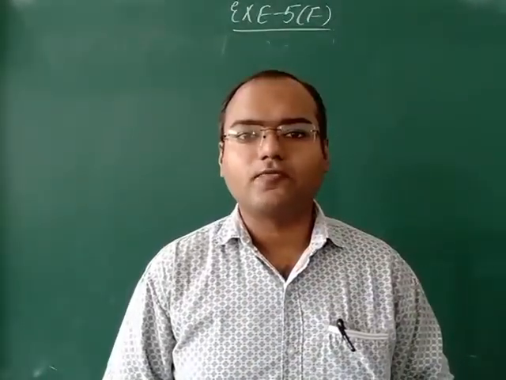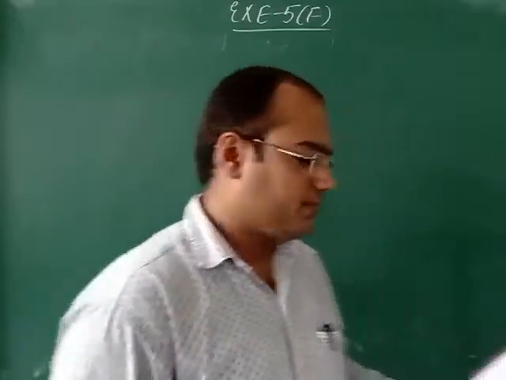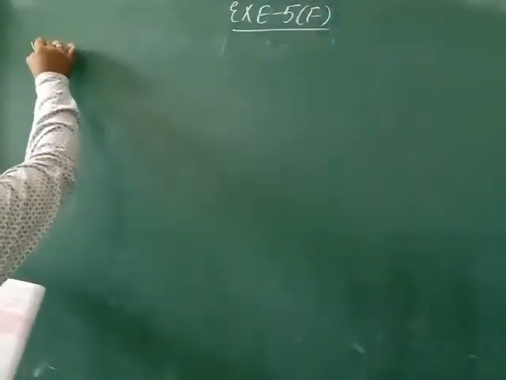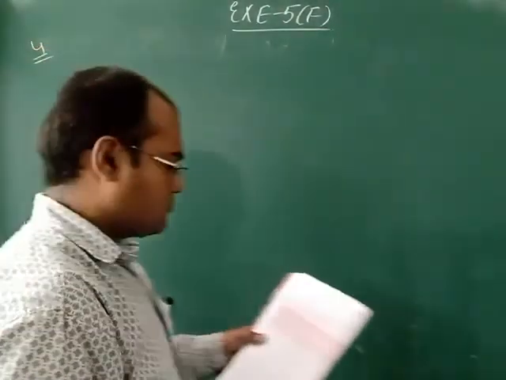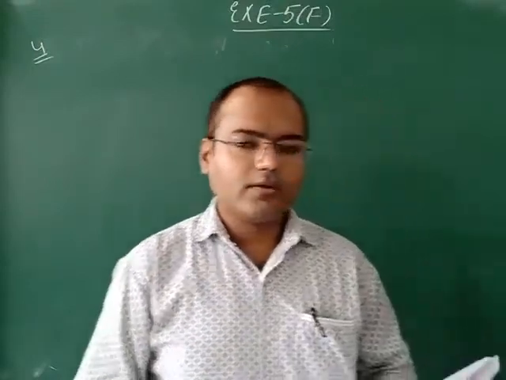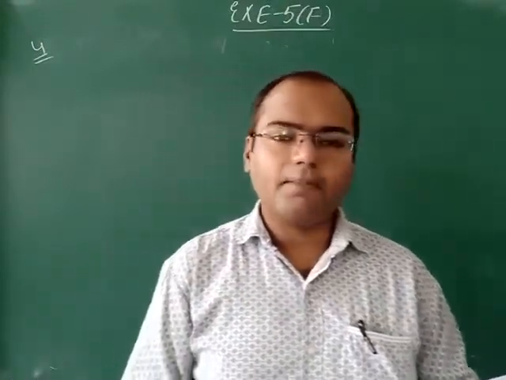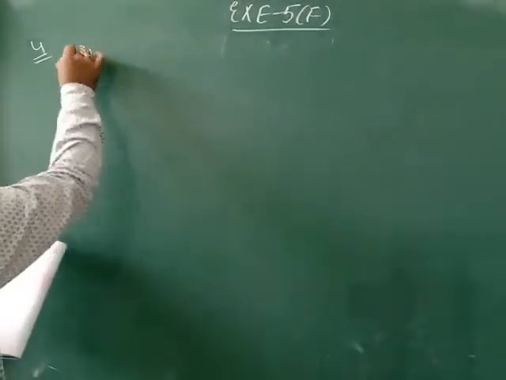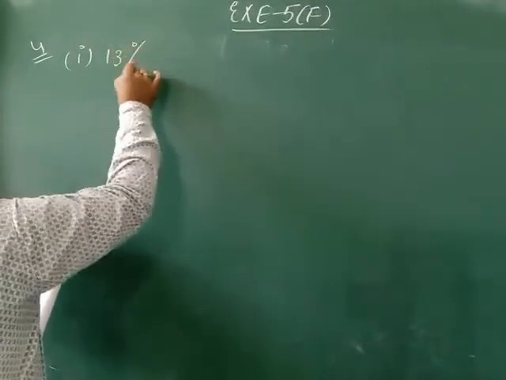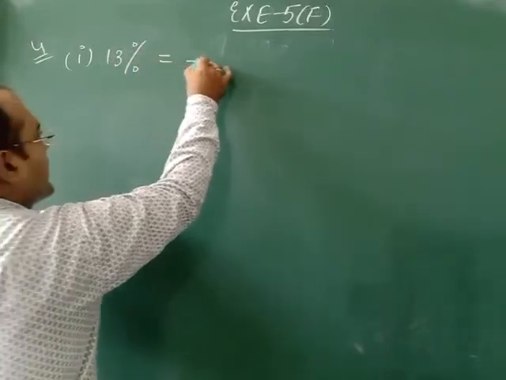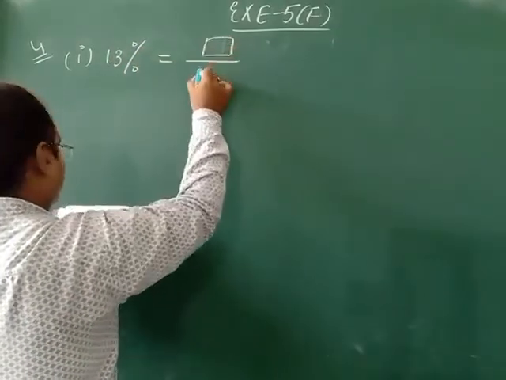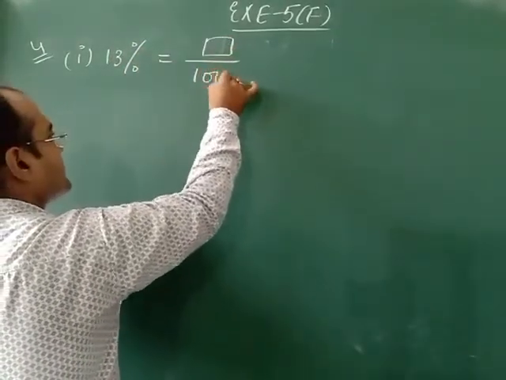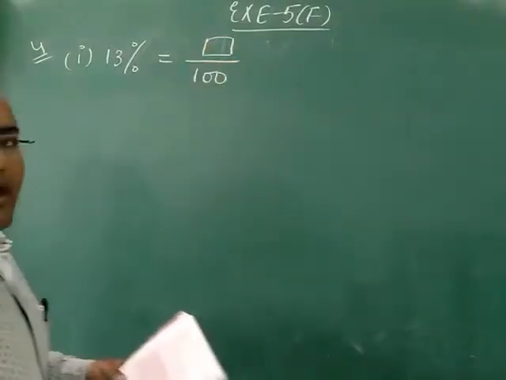Now see question number 4. Fill in the blanks. First part, 13% is equal to dash upon 100. Here we have to fill the answer.